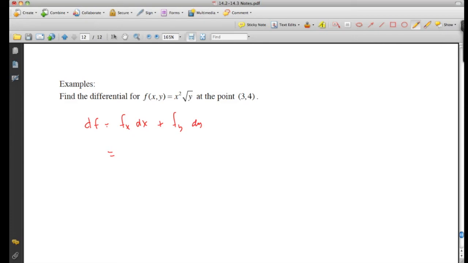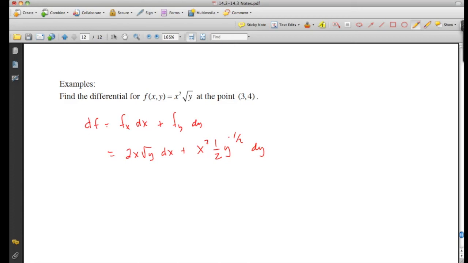The derivative of this is going to be 2x square root of y times dx. And the partial with respect to y, think of x as being constant, so that's going to be x squared. The derivative of square root of y is 1/2 y to the negative 1/2, and then just times dy. Right, so that's all they're asking you to do.